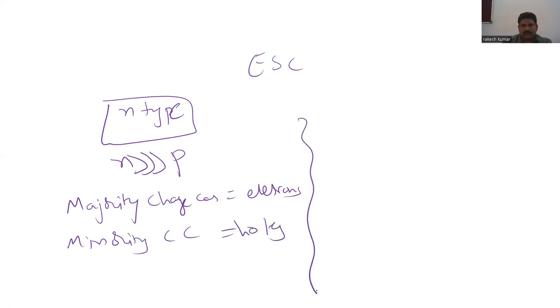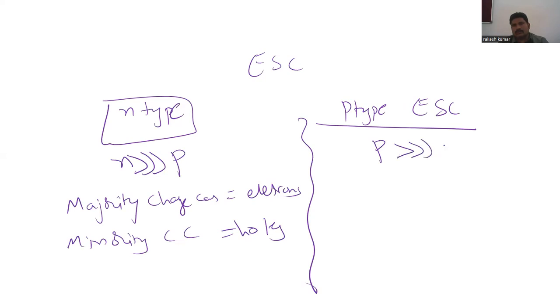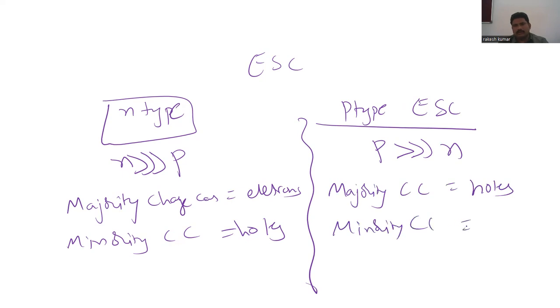Coming to the p-type extrinsic semiconductor, the condition is that the number of holes is far greater than the number of electrons. Here in p-type, the majority charge carriers are holes and the minority charge carriers are electrons.